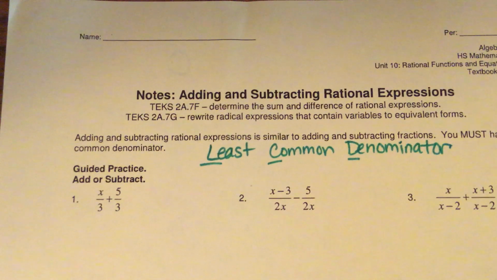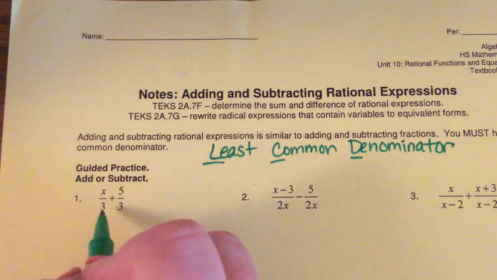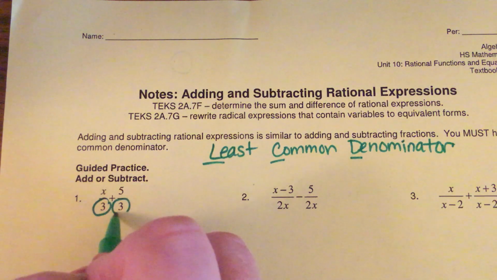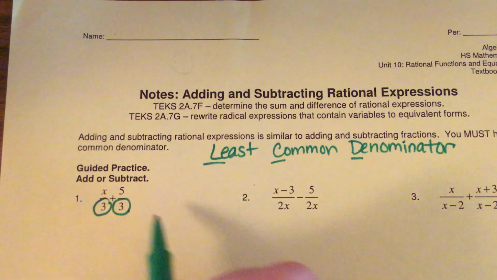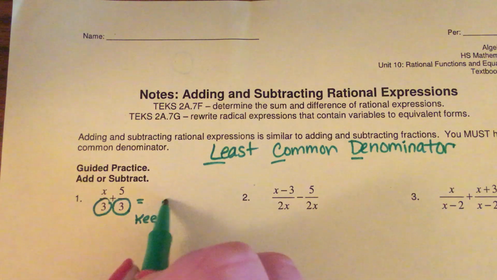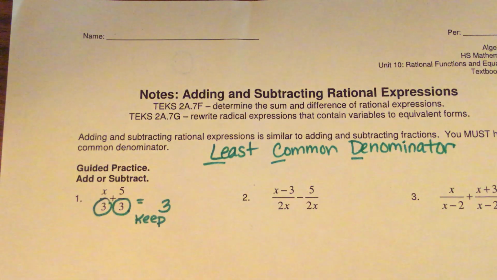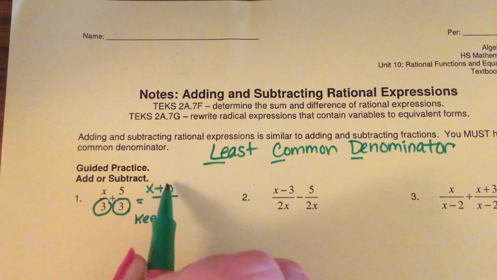Okay, so if we look at number 1 right here, we look at our denominators first. We have 3. Obviously, it's already the same. We don't have to change anything. I'm going to keep my denominator of 3, and I'm going to simply add on the top.